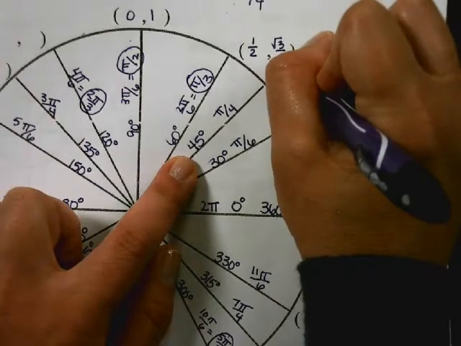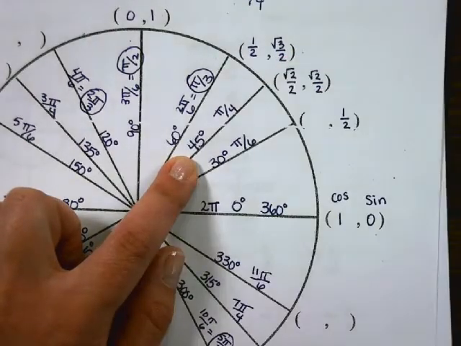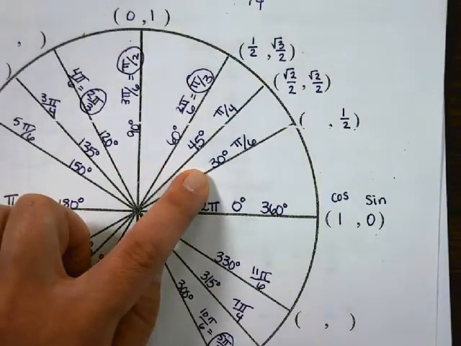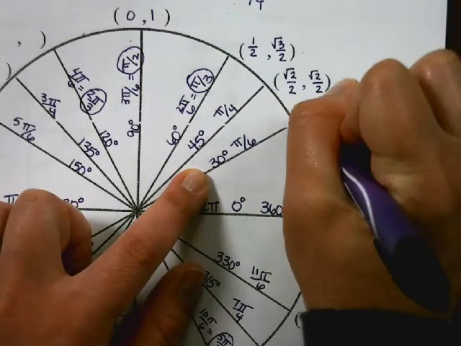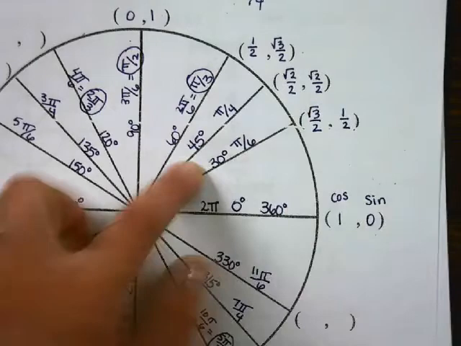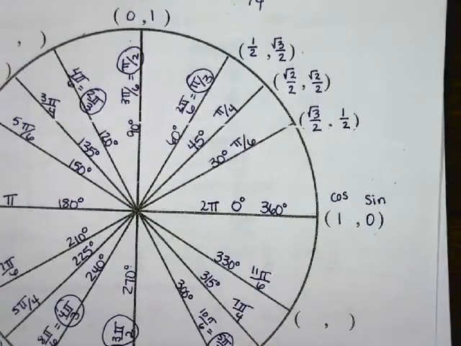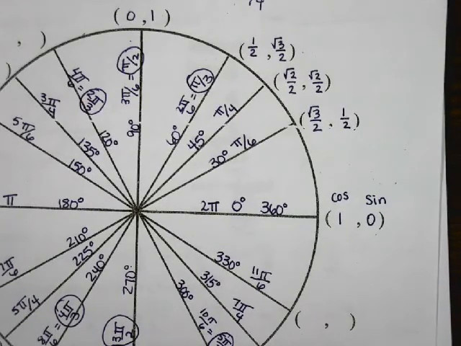Cosine of 45 is root 2 over 2. And the cosine of 30 is root 3 over 2. If you can get the first quadrant, I can guarantee you we can get the other 3 quadrants. Man, math is hard. Counting. It's that counting thing.